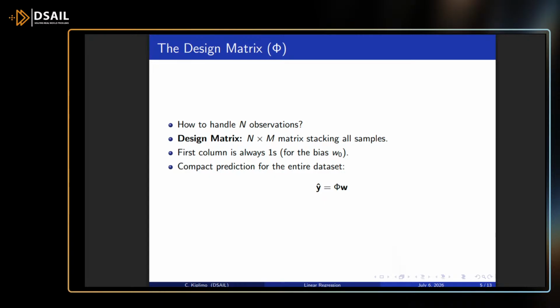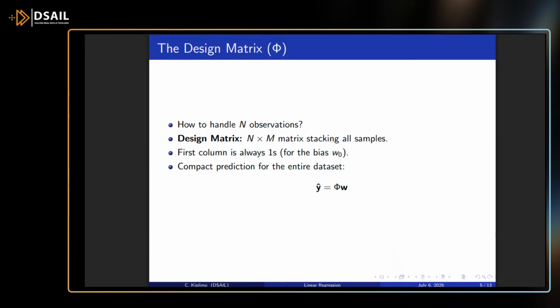Then you end up with a design matrix that looks like this, where each element has essentially been taken through the design matrix. And what that does is it helps us to write this in a very compact way, as saying that now our prediction y hat is the same as phi multiplied by w.